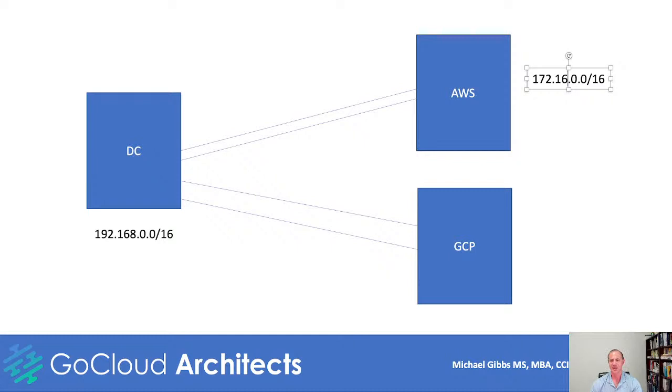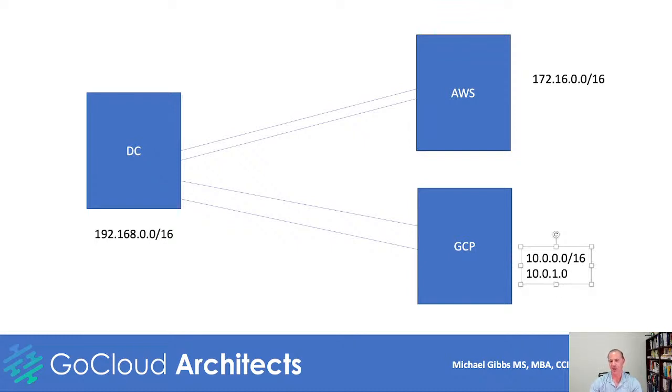You got it. Now, let's say over here in the Google side, we use the CIDR range of 10.0.0.0/16. Now, inside of GCP, we can create as many subnets that we want in this 10 range, which might be a 10.0.1.0.